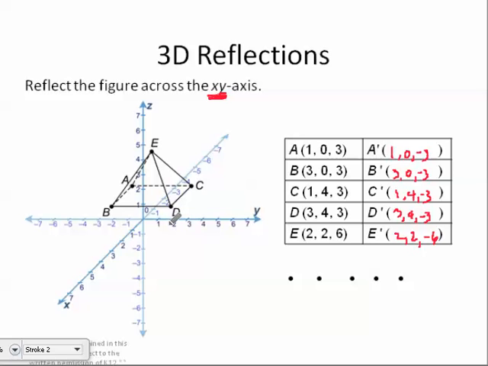Okay, well, let's do a little bit of location on them. So 1, 0, negative 3 is going to be down here. B is located at 3, 0, negative 3. That'd be down here. C would be located at 1, 4, negative 3. That'd be out here 4, and negative 3 would be down here.